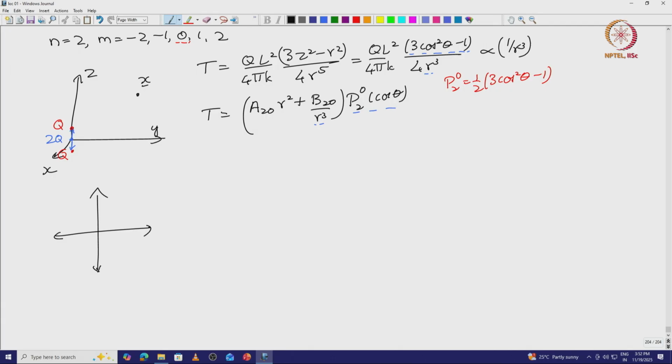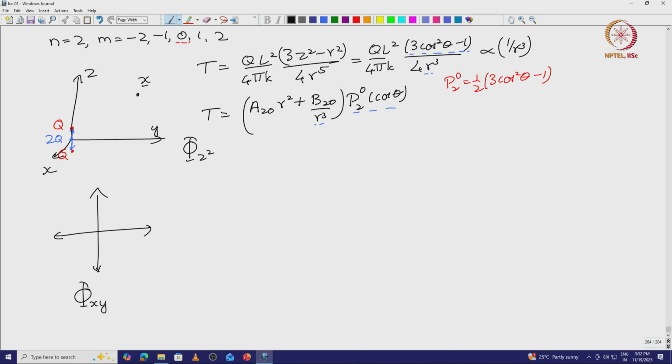So, first one is the quadrupole called phi z square. It is called phi z square because you have the sources and sinks separated along the z axis. You have 4 others. One is phi x y.